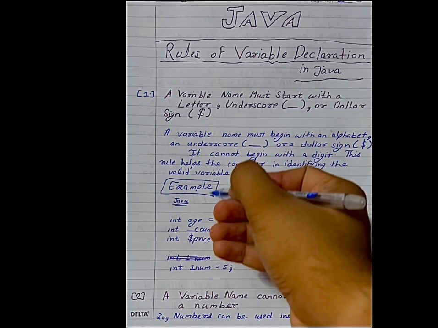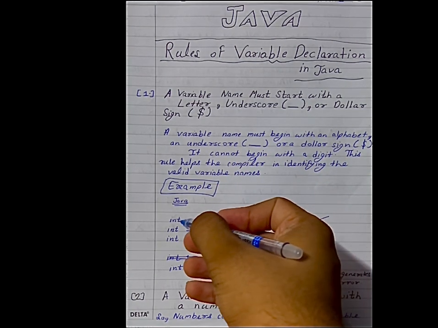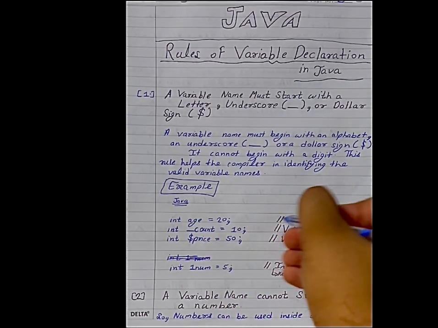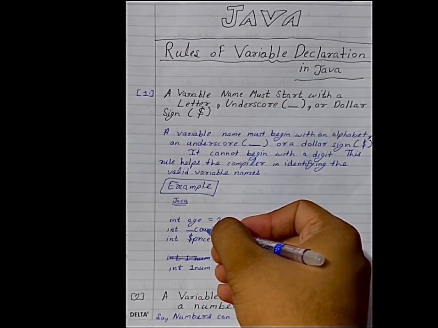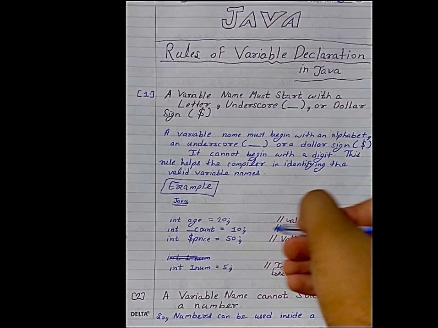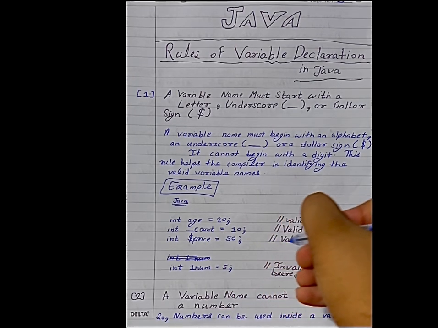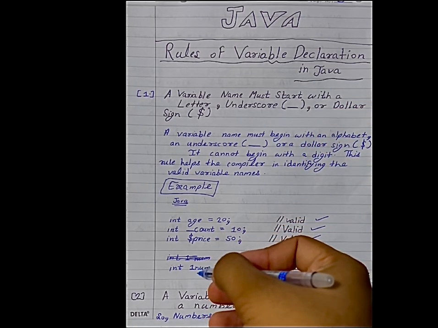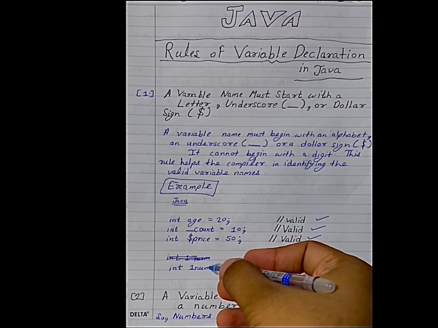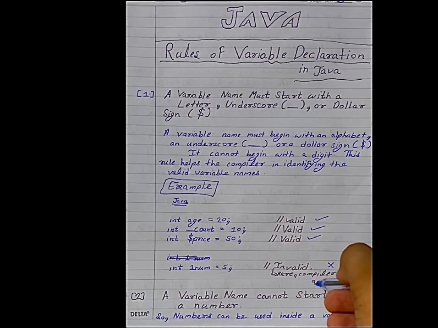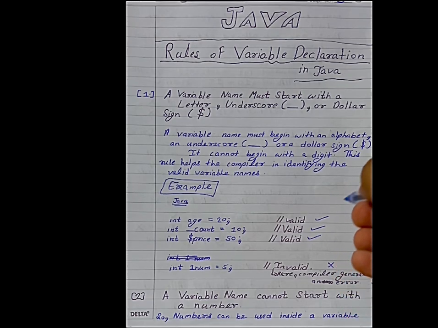Like in this example, int age equals 20 is valid. int underscore count equals 10 is valid. Same, int dollar price equals 50 is valid. But when we write int 1num, means number, equals 5, that will be wrong or invalid, and at that time the compiler generates an error.